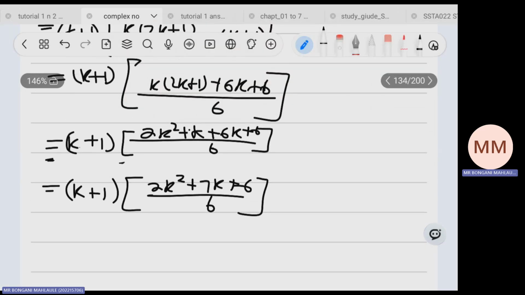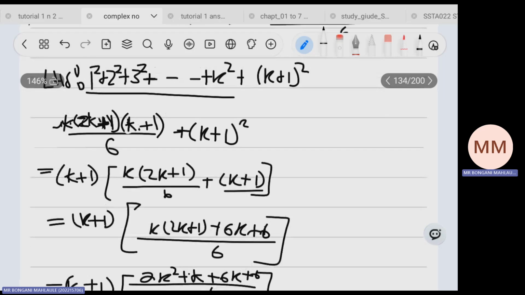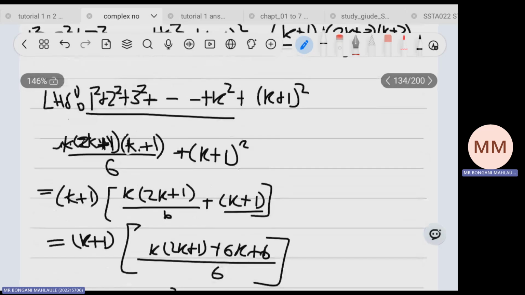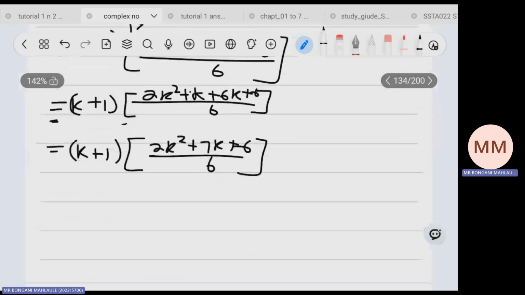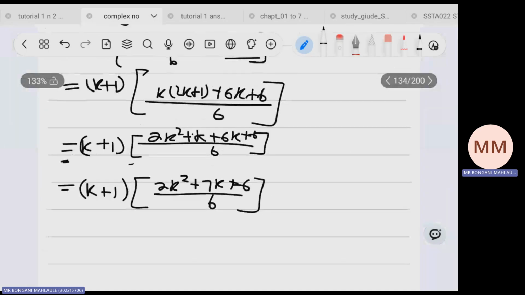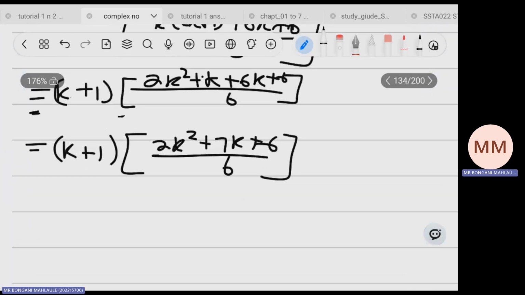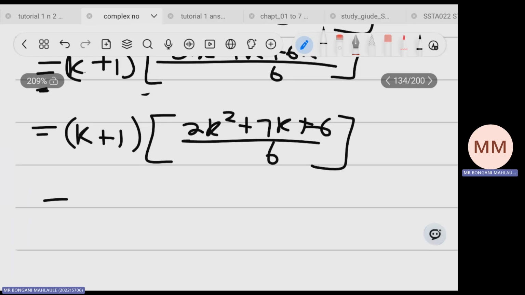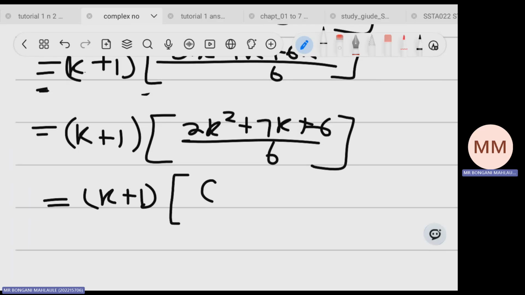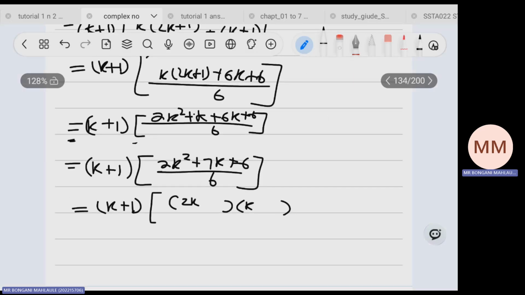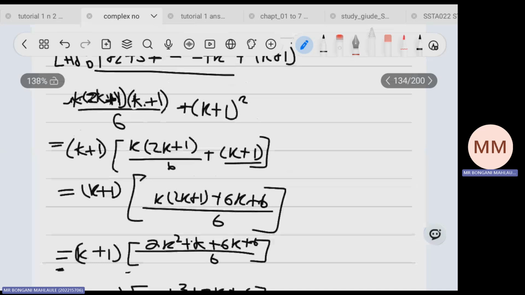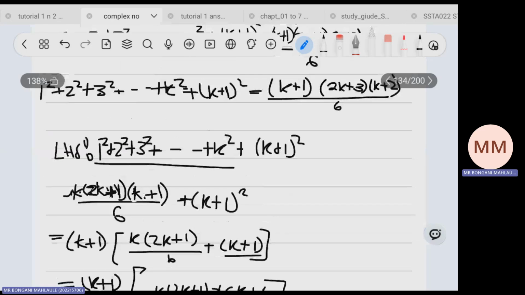And hopefully you can see that on our right hand side, or we can just factorize this. So we're actually looking to get something like this.